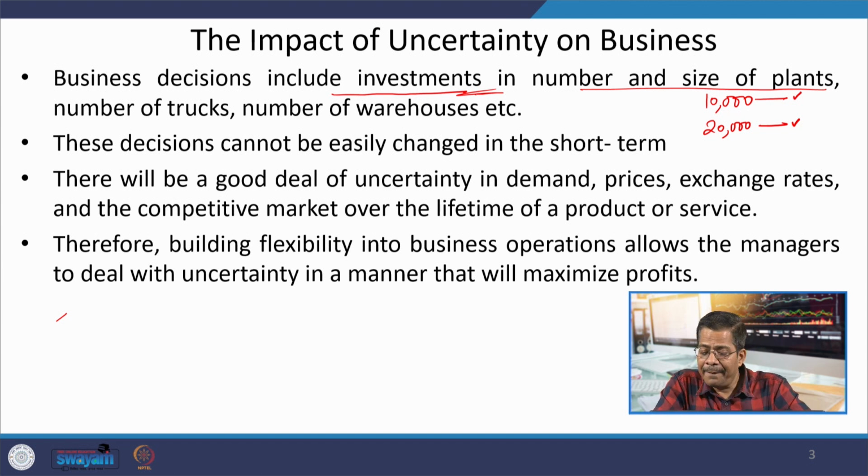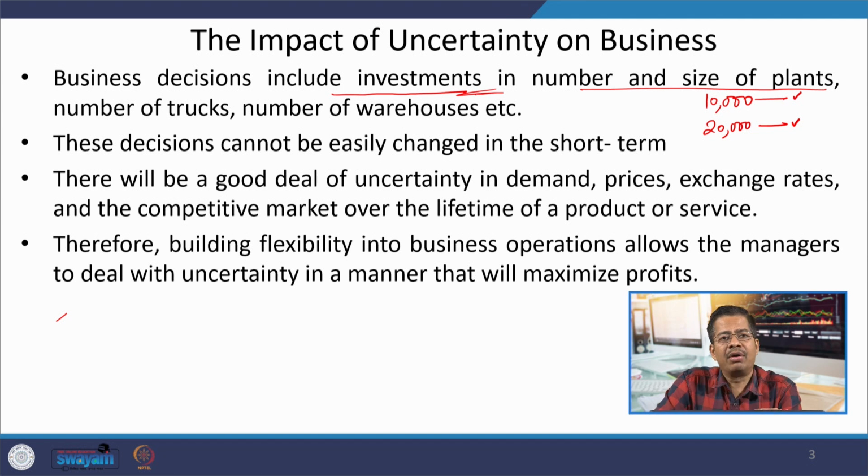For example, the size of the plant, the location of the warehouse, the size of the warehouse. If you take a wrong decision in these, the impact can be long lasting. If you do not stock enough items in an order cycle, the impact is very small. Only that particular order cycle is affected because of the wrong inventory decision.